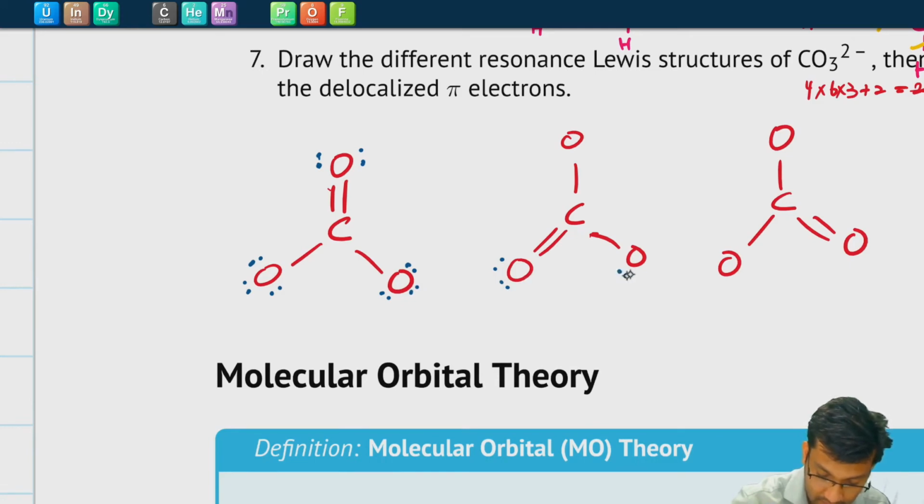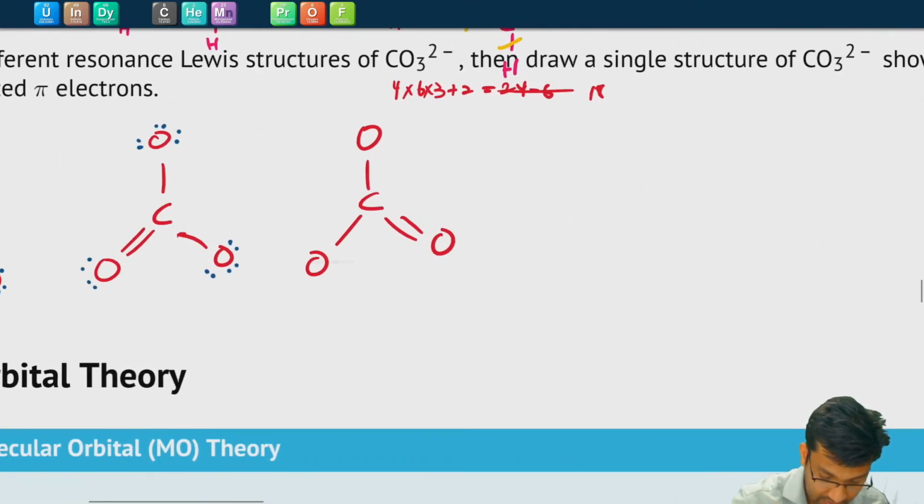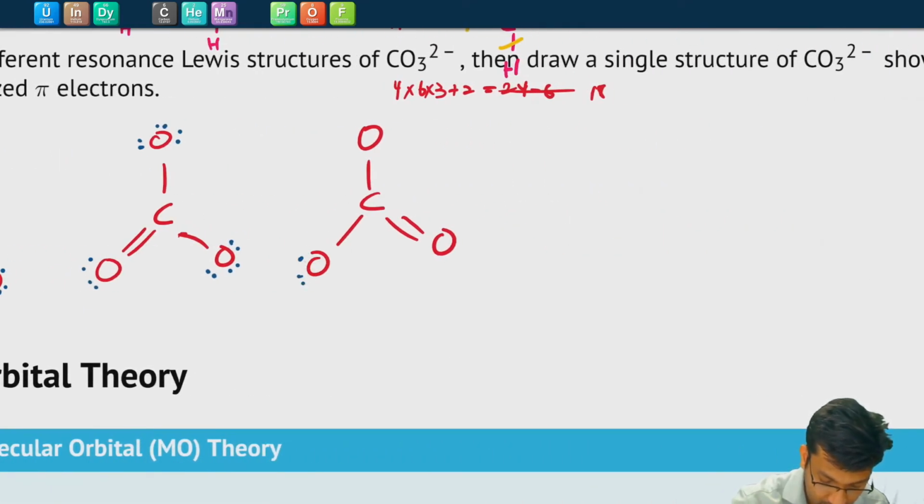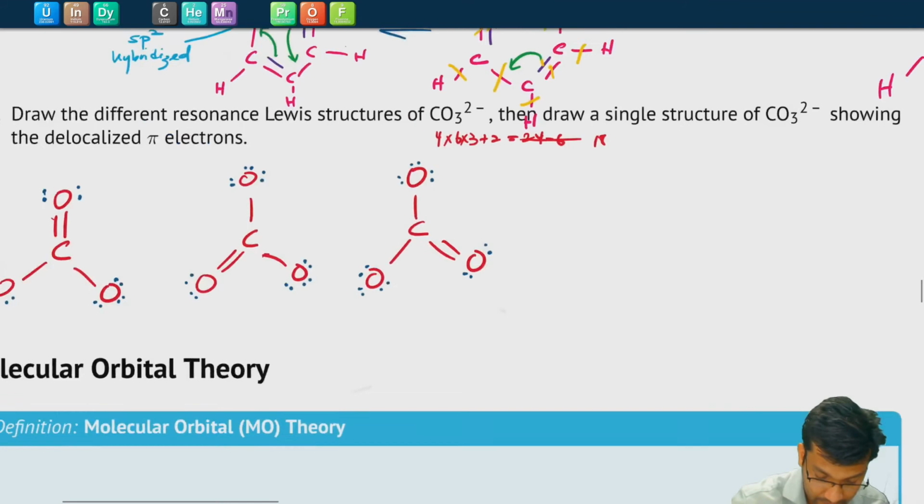There we go. It will take a while, but make sure your dots are correct and you don't put any extra dots anywhere. The oxygens with single bonds have 6 dots. The oxygens with double bonds have 4 because it's shared a pair.